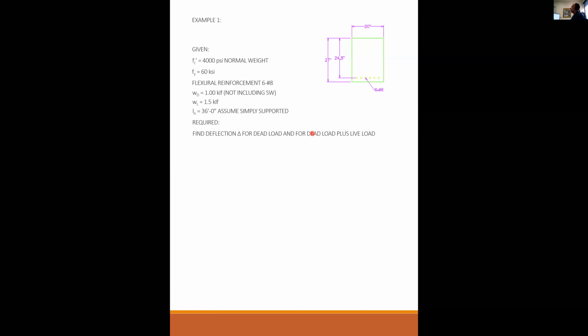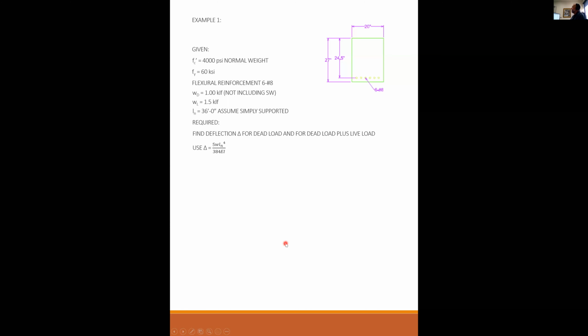So please keep in mind that you may have just dead load, but you're never going to have just live load without dead load. They're always there together. You can calculate what the deflection is just due to the live load, that's no problem. But you never have live load in the absence of dead load. Okay?